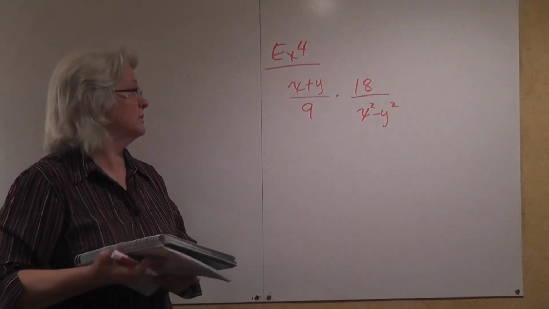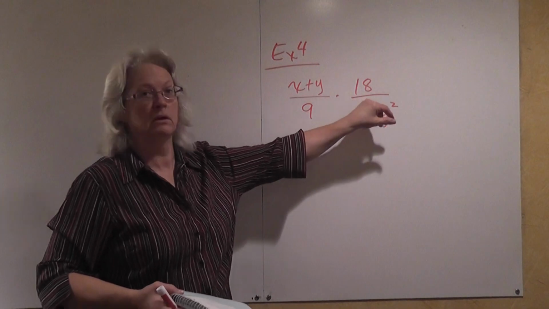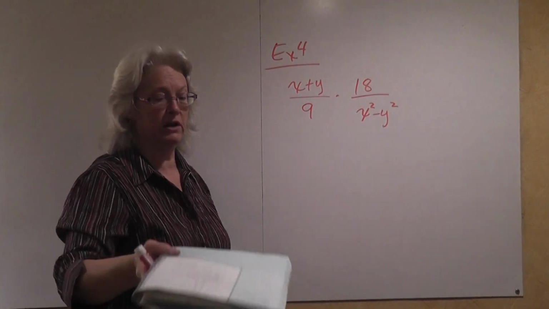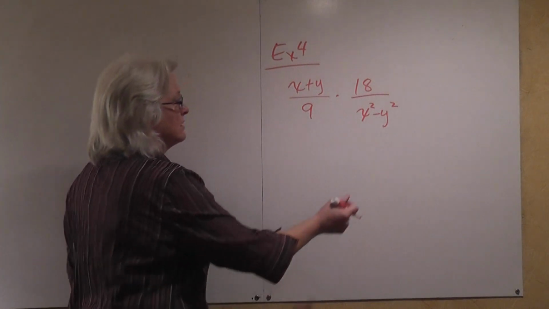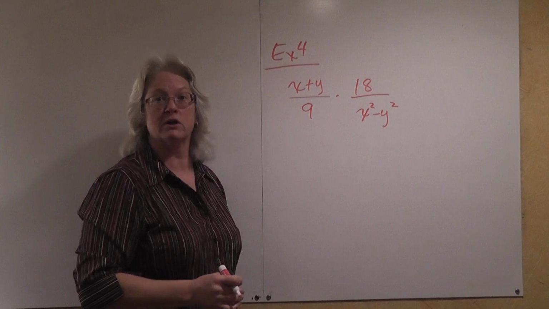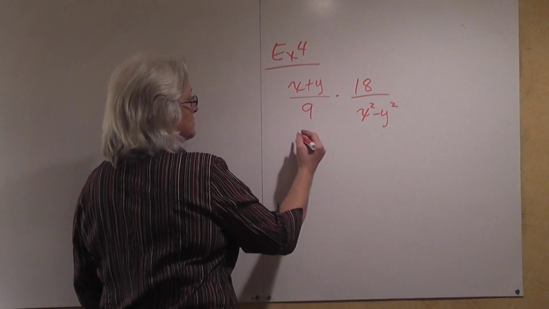You think, okay, I at least see that I can cancel factors of 9 from 9 and 18. But let's go ahead and see, is there anything else we can factor? x squared minus y squared. You should all recognize this as the difference of two squares.